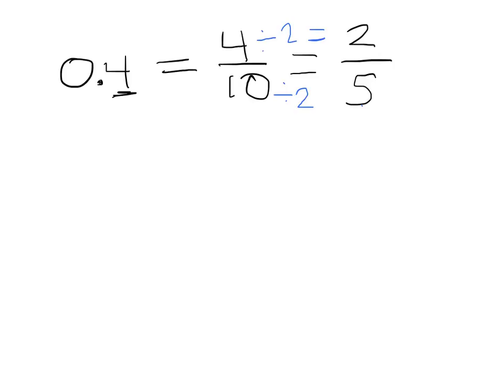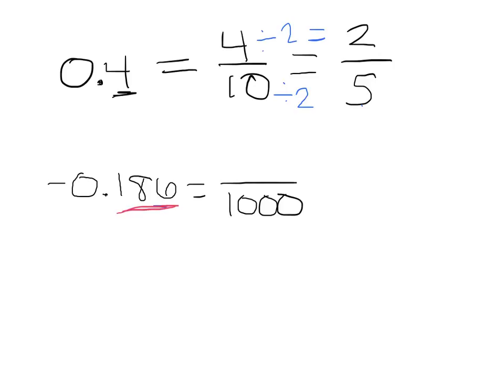So let's try something a little harder. So if I have a negative 0.186, I see that I have a number in my thousandths place, so I can use thousandths as my denominator. And all I have to do is take this number and write it as my numerator. So I have 186 thousandths.